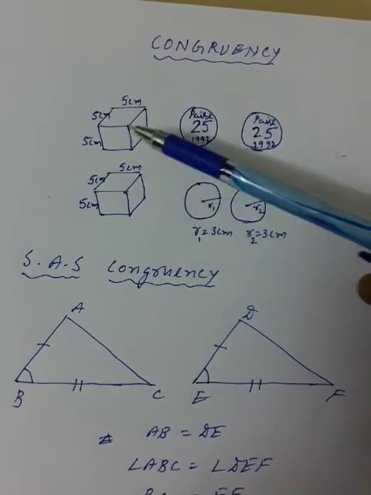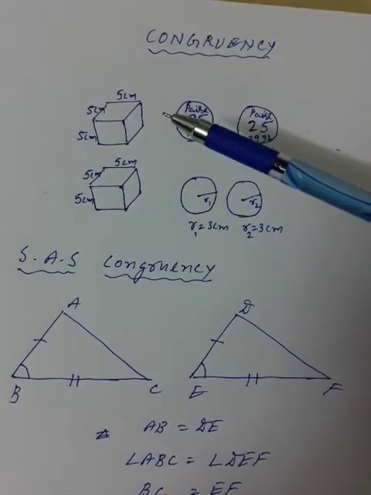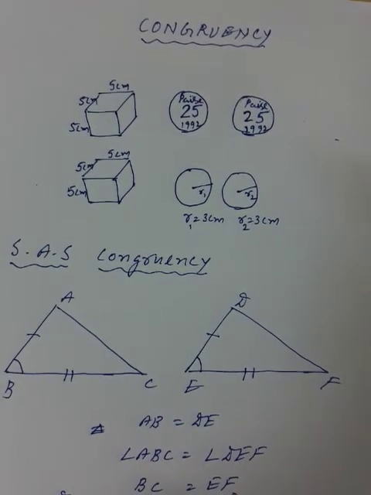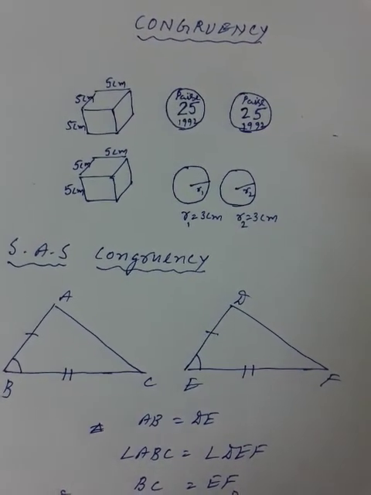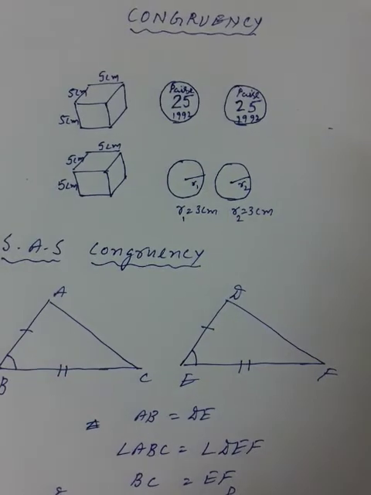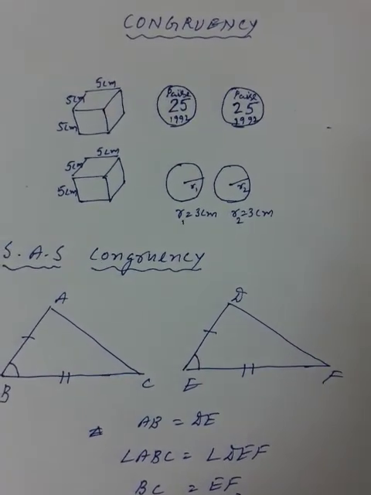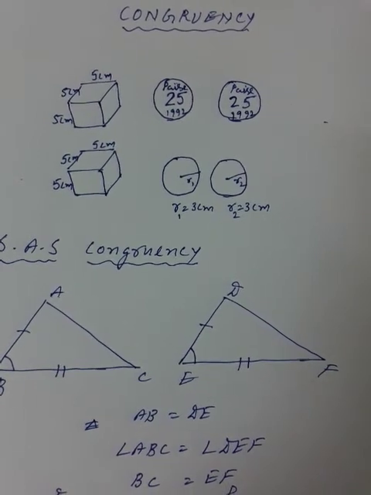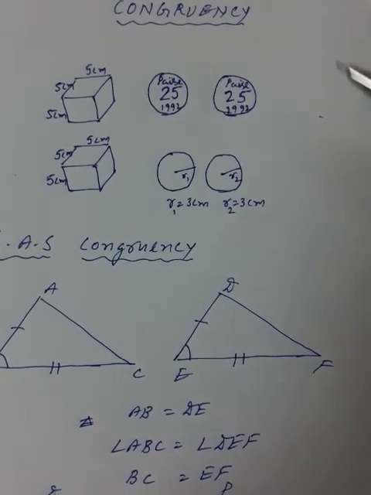Then these two are called congruent objects because all the dimensions are equal, so they will be identical to each other. Although color is different, it does not matter. In congruency, we have to see whether the two objects are identical or not.